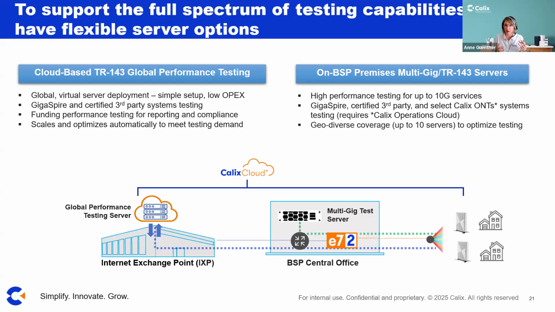So there's no need for you to acquire your own servers. On the right side is our on BSP premises TR-143 multi-gig server option if you need the best performance testing for up to 10 gig high-speed services, or you want to test on the Calix ONT systems. Now, if you have a need for both, that's fine.